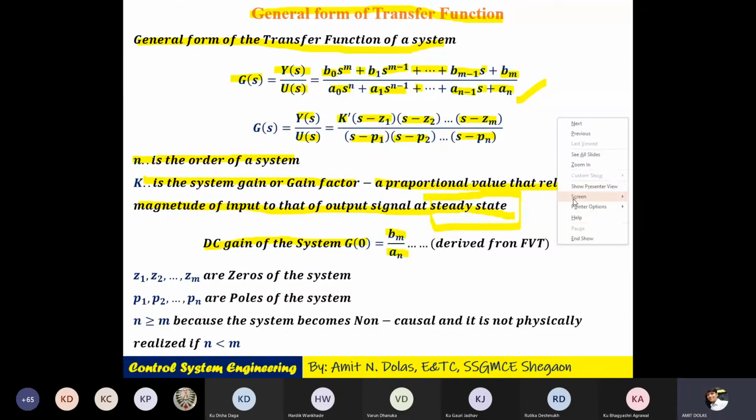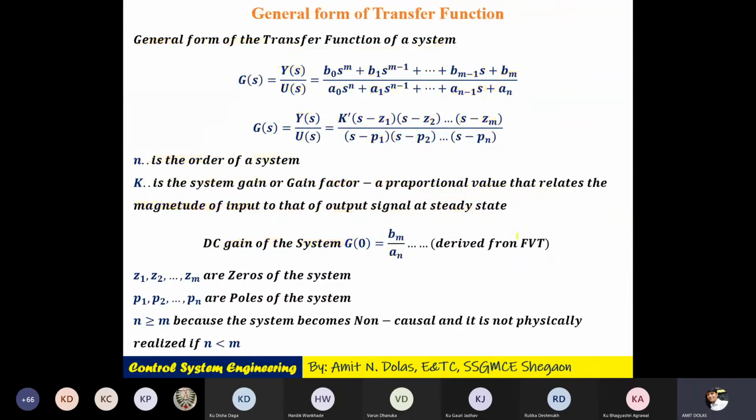Only these two factors remain, because the rest of the terms become 0 when s is kept 0. So Bm upon An will be your DC gain. It is derived from the final value theorem that we have already learned.